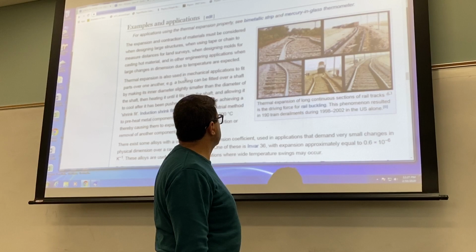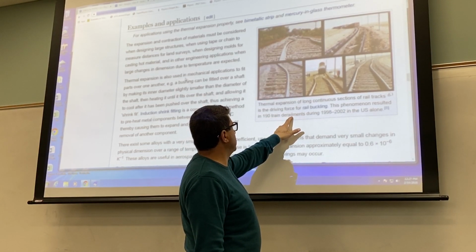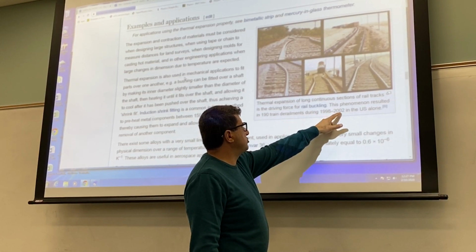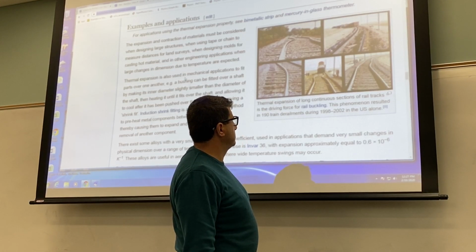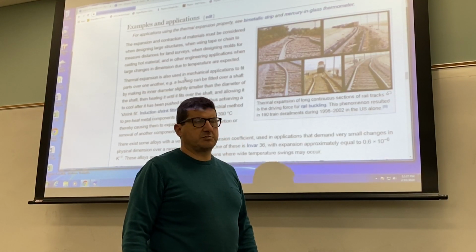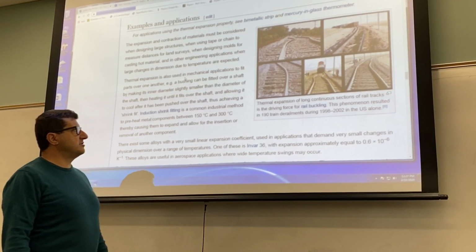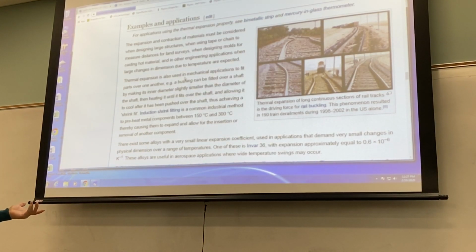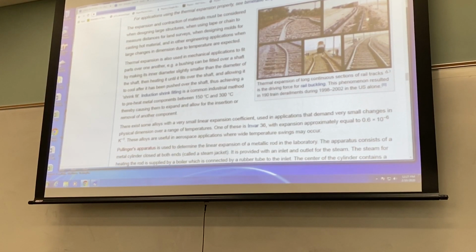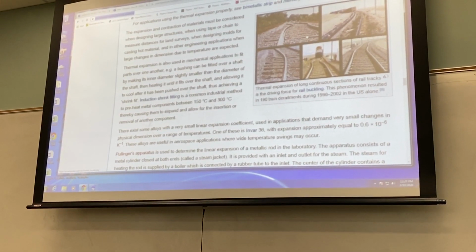This phenomenon resulted in 190 train derailments between 1998 to 2002. That's actually recent, I'm surprised, in the US alone. You would think by 1998 we got our acts together. That's really weird. Oh my gosh. That's quite severe, right?